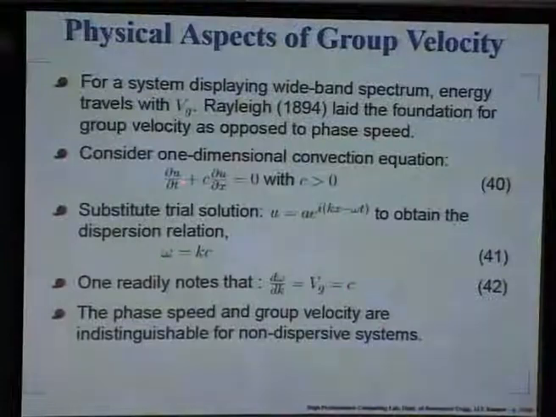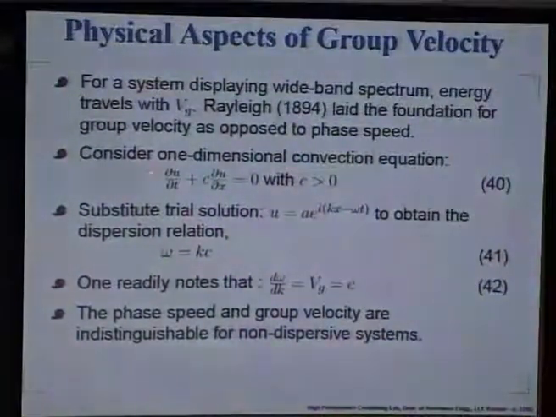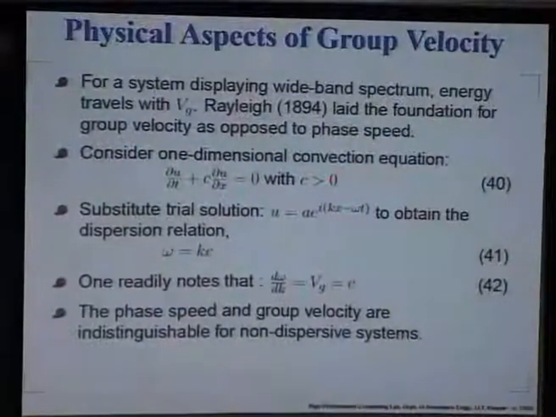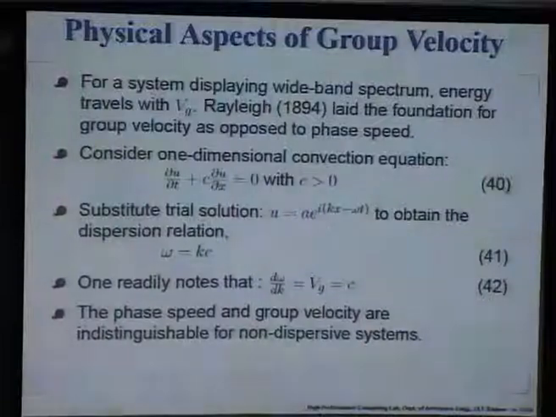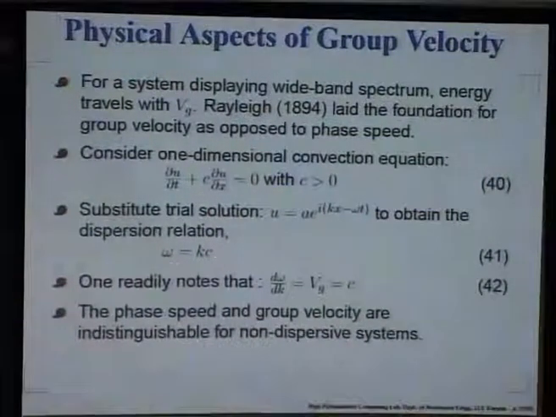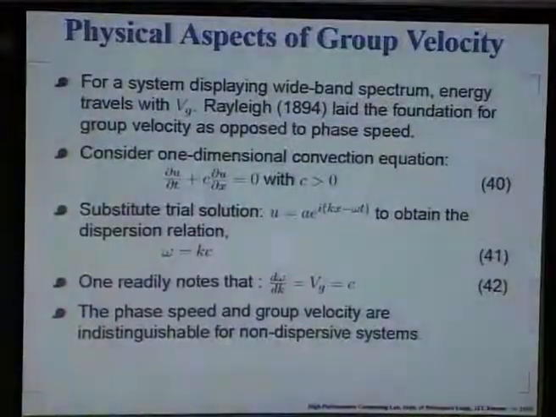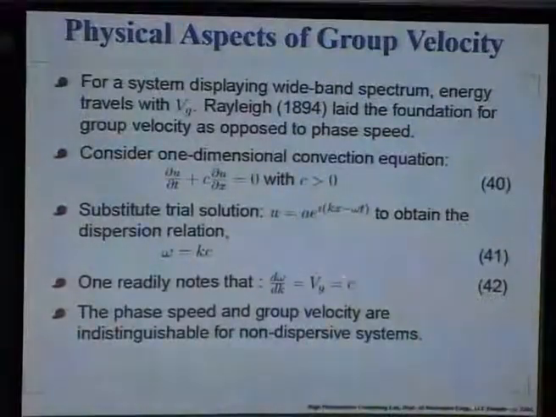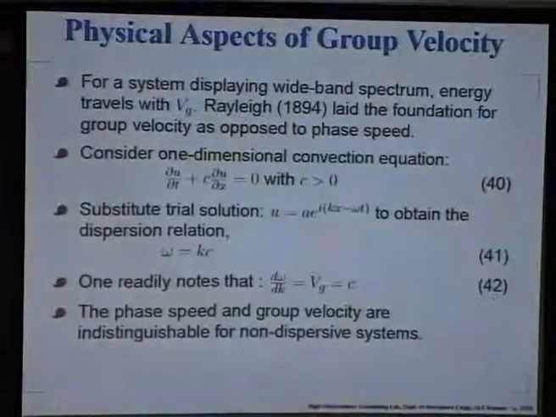As I was telling you, if you look at the 1D convection equation with C positive, you substitute a trial solution with an amplitude and a phase part, plug that in, and you get the dispersion relation. Taking the derivative of omega with respect to k gives you Vg, and in this case the phase and group velocities are the same.